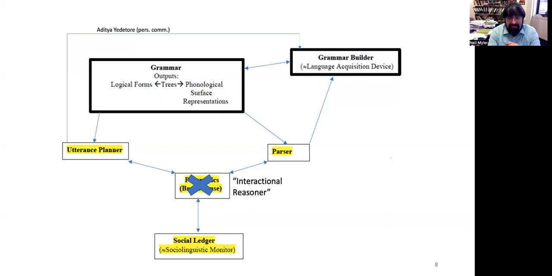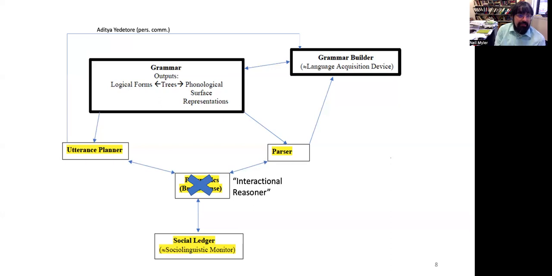So let's have a category of semi-modules for these remaining components. So a semi-module will be one which is not a strict module in the sense that it doesn't completely obey encapsulation or domain specificity. It can accept more than one type of input, but it's still restricted in its inputs in some interesting sense, right? So it's not a central system in Fodor's system of thought, right?